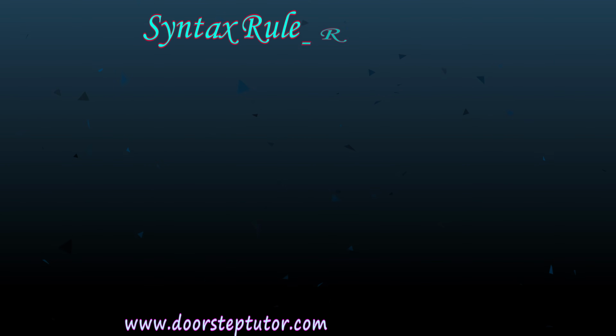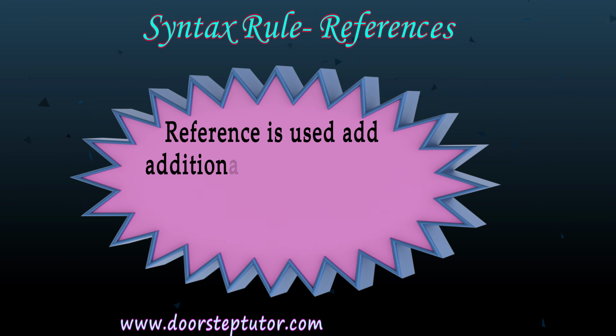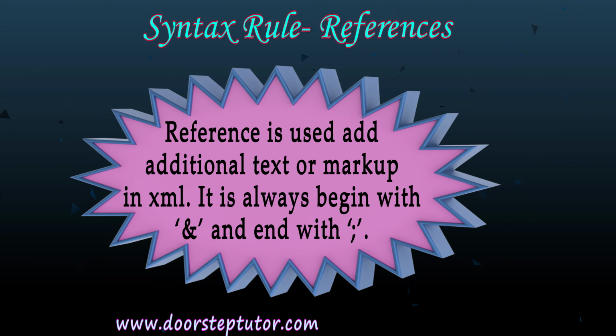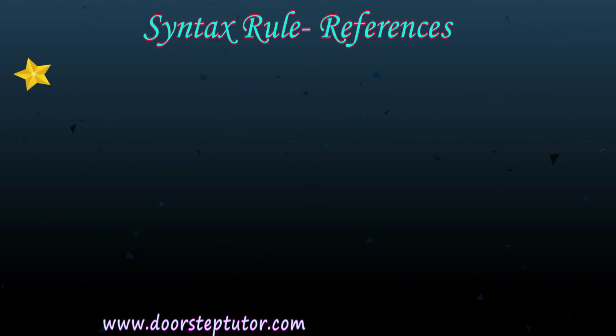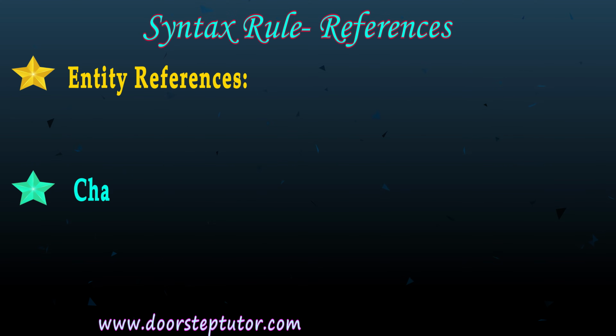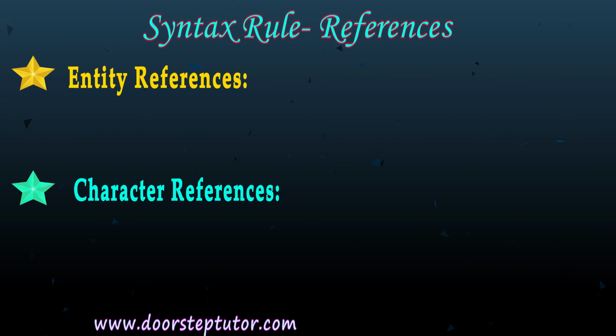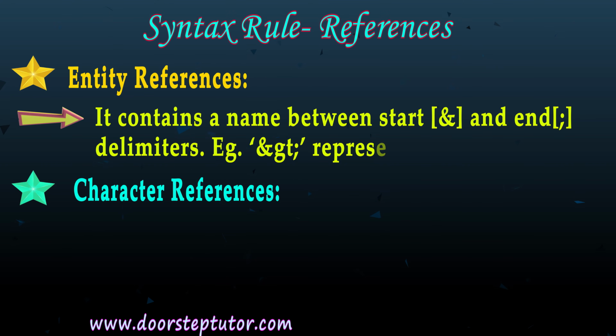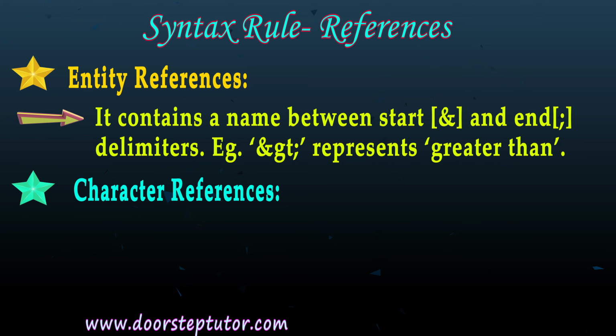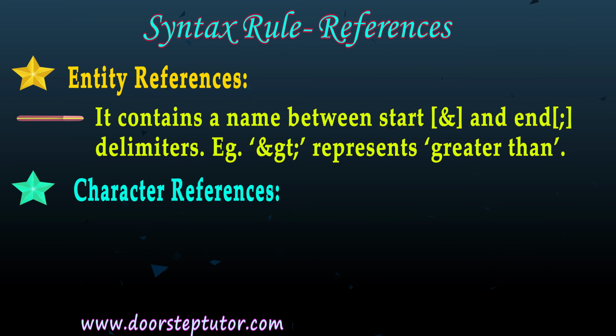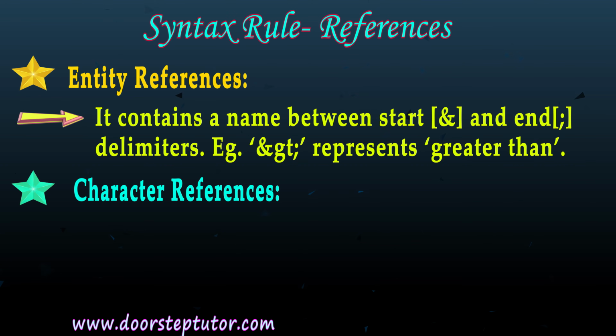What are references? References means that if we want to add some additional text, we have two types of references. The first one is entity reference and the second one is character reference. Entity reference contains the name between ampersand and semicolon. Like I have already discussed, if we want to put the greater than sign, we have a separate code: ampersand GT semicolon.